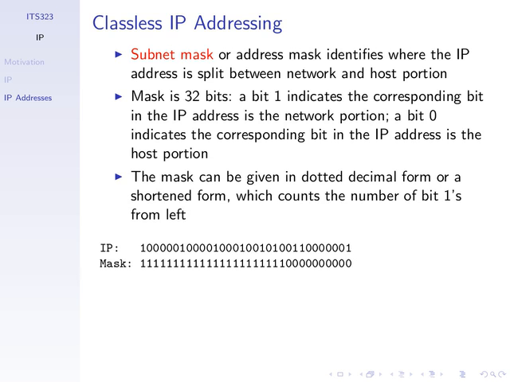In this example, we had an IP address of host A1, the corresponding subnet mask in the binary value, in the dotted decimal form, and in the slash shortened form. 10 bits in the network portion. Of course, the computing devices use the binary form, but we may often see them in the dotted decimal form or in a subnet mask as the slash notation.